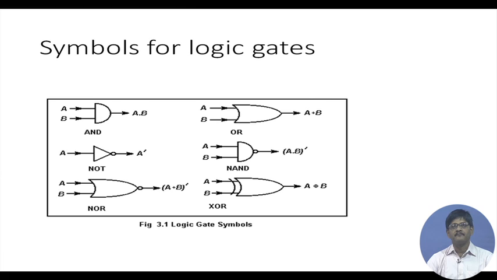In the same way, on the right hand side, the symbol for the OR gate is shown, A or B is the result. In the same way, the NOT gate, that means the complement, the NAND gate, the combination of AND gate and NOT gate, etc., are shown. Of interest to us is the XOR gate, which is the exclusive OR.